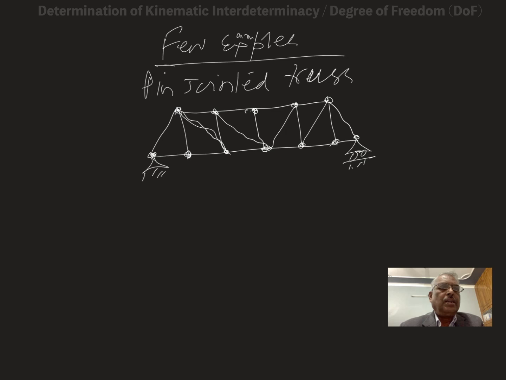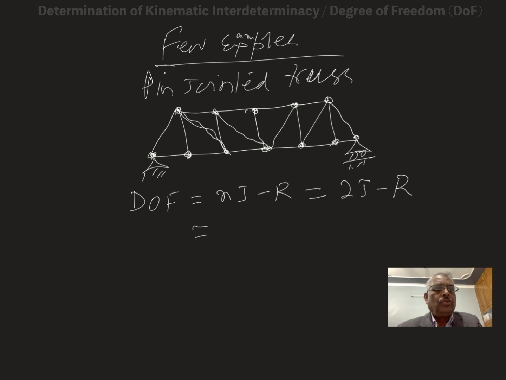The degree of freedom is equal to Nj minus R. As you know, for one joint in a pin jointed plane frame the degree of freedom is 2, so we can write 2J minus R. How many joints? 1, 2, 3, 4, 5, 6, 7, 8, 9, 10, 11, 12.